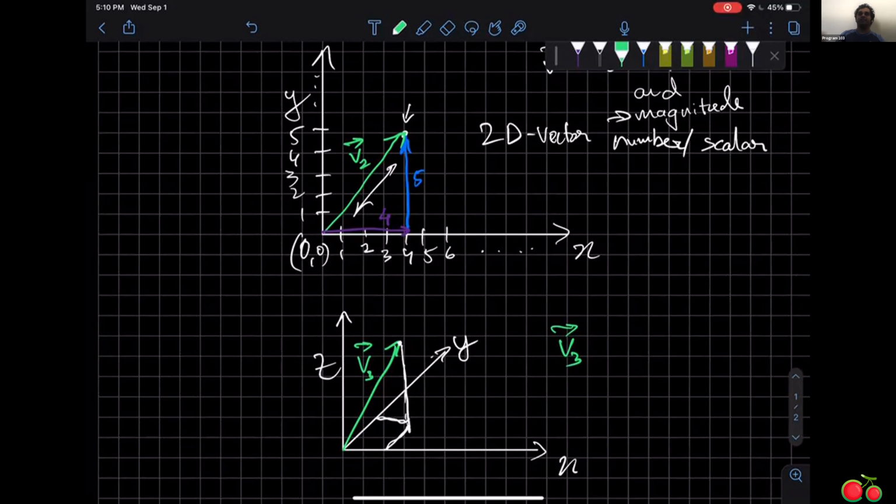I can move in various directions. The vector is just telling you which direction you're pointing at. I can be pointing in this direction, or up, down, right, left. So the vector is kind of like a guide, telling you which direction you're pointing in.